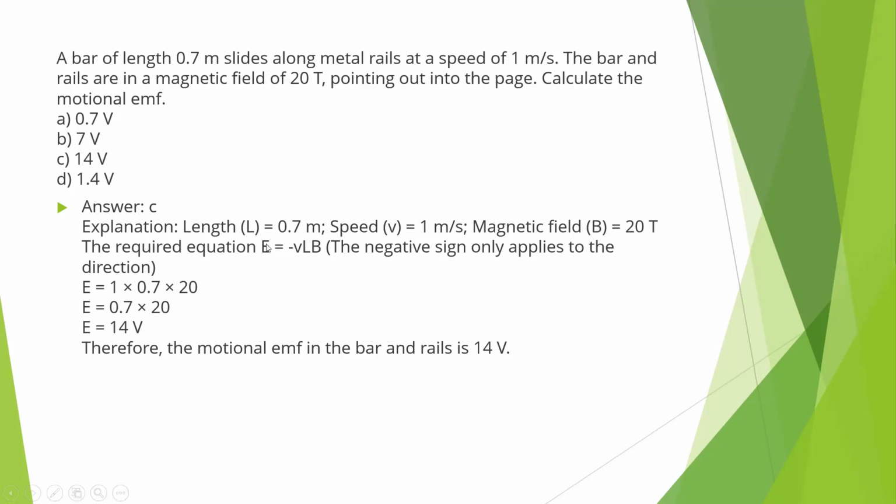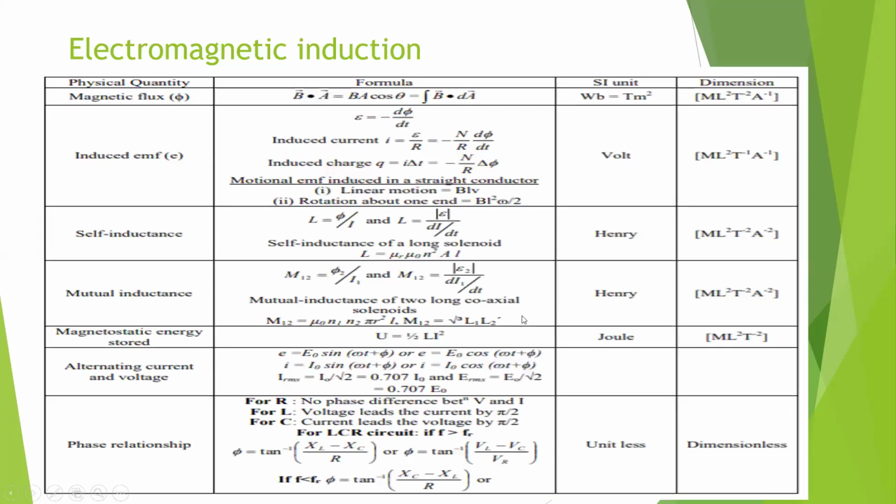So just think: they have given magnetic field, speed and length. Think about the equation connecting length, speed as well as magnetic field. The required equation is E equal to minus BLV, as you can see here.